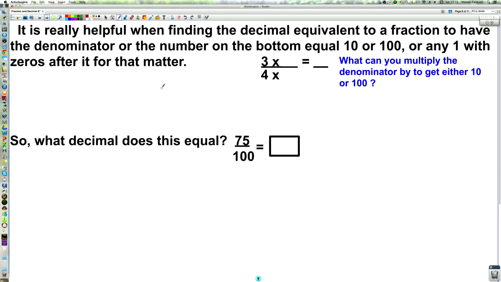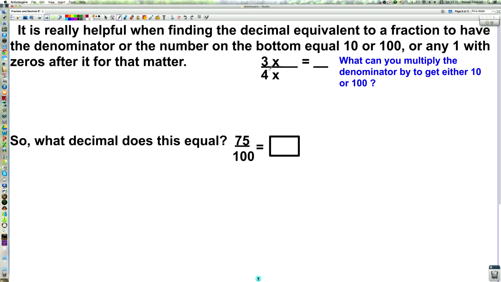Okay, and sometimes you just got to get as close as you can to 100 or 10, and we can talk about that later. So if I have the number 3/4 like I have right here, what number can I multiply the denominator by to get either 10 or 100?